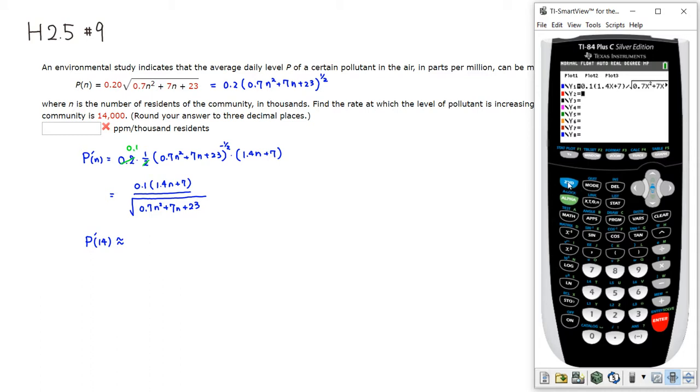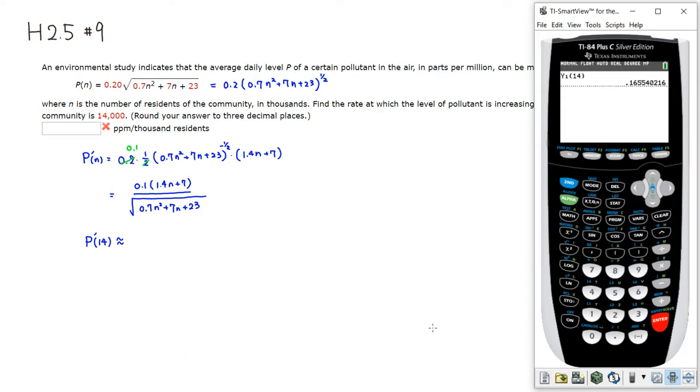So I'm going to quit, go to the regular screen, then go to vars, then Y-vars, then function 1. Then you have y1, the function we defined. Then all we have to do is plug in 14. So I put in parenthesis 14 and right parenthesis, then hit enter.